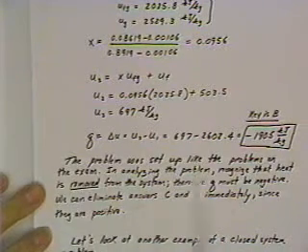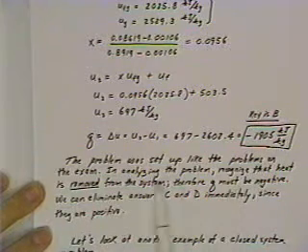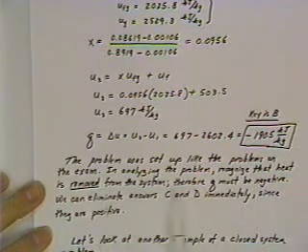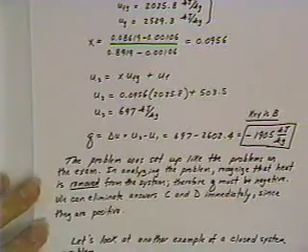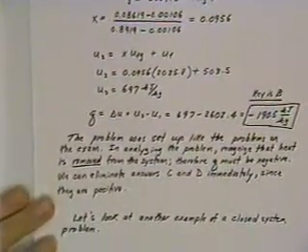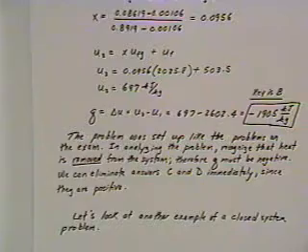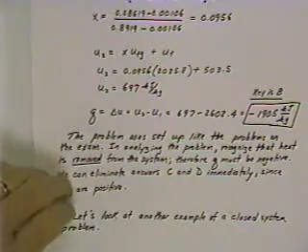This problem is set up just like the problem on the exam. Heat is removed from the system, therefore Q must be negative, and so C and D can be eliminated since they're positive.